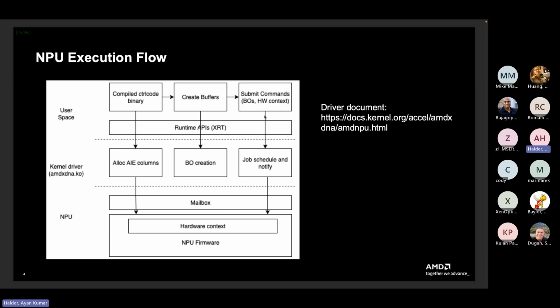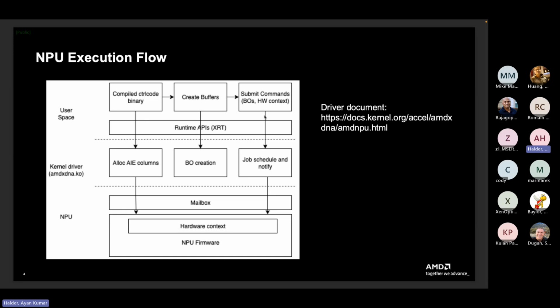So from the top to the bottom, you can see each step. Compile control code based on the application requirement. It can unlock one or more AIE columns, which showed in the first slides. And at the same time, the hardware context is created by the firmware, which bundles all these resources together.